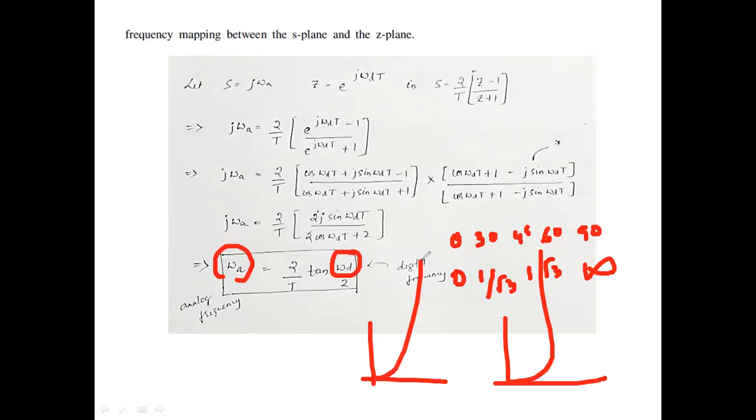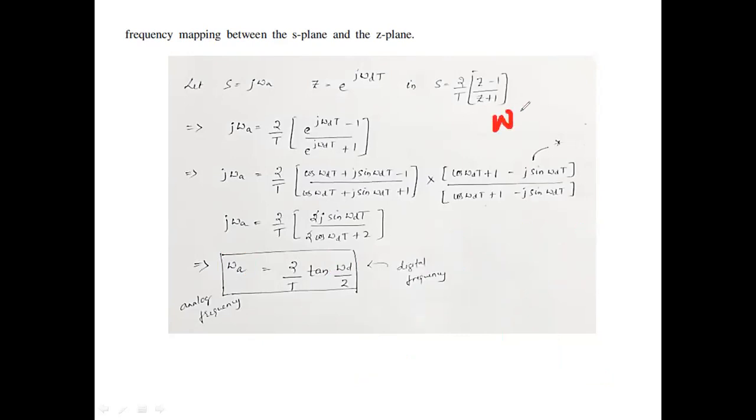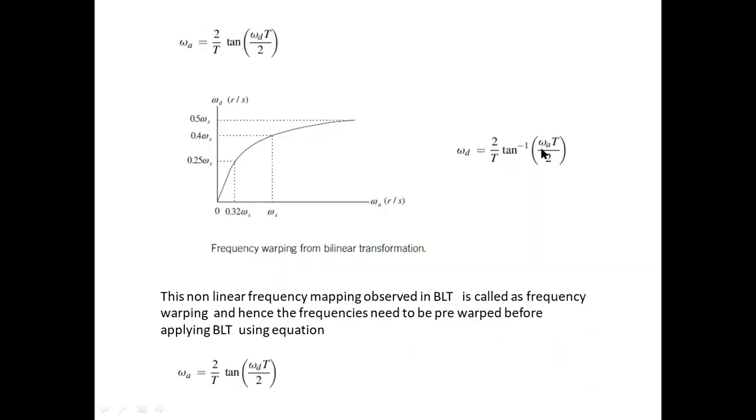We have a problem here. The mapping is not cool. This non-linear mapping is called the warping effect. Remember the term, it's called the warping effect, and it should be eliminated. Let us see how big, or how crucial, this problem is.